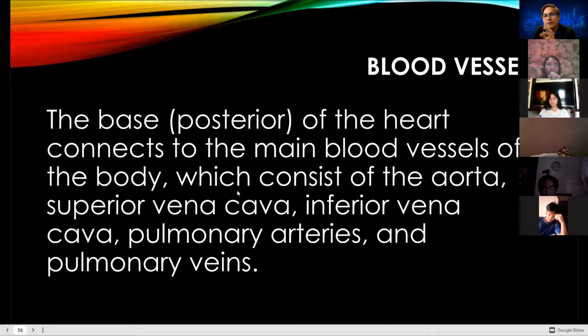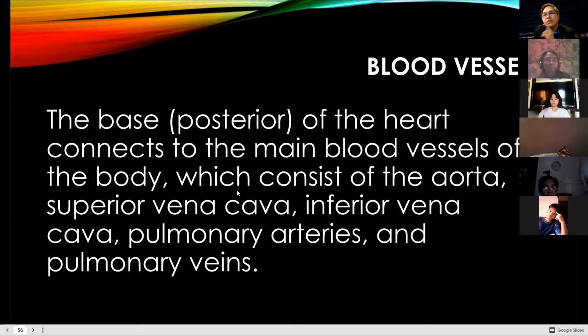Again, the atrioventricular valves: we will start with the tricuspid. Tri means three. Tricuspid valve is in between the right atrium and right ventricle. And the bicuspid valve, bi means two, or mitral valve, is in the center of the left atrium and left ventricle.